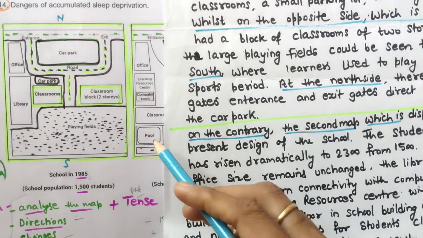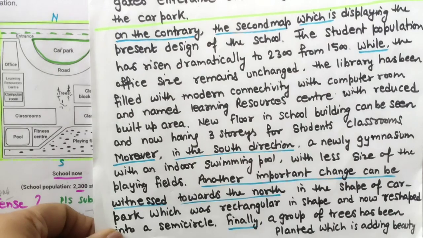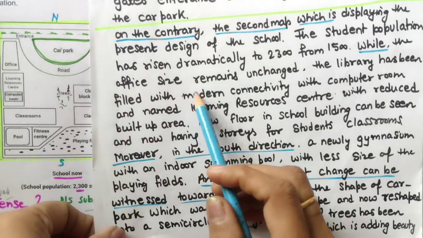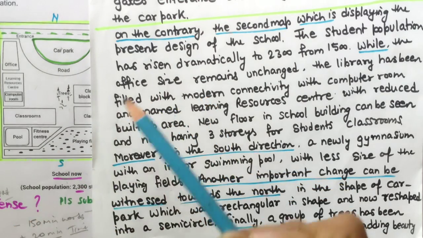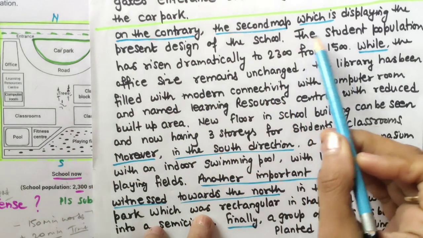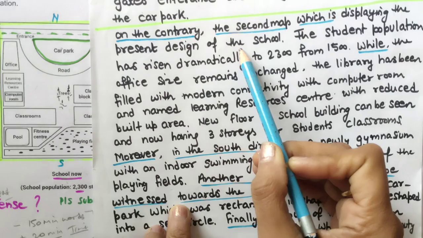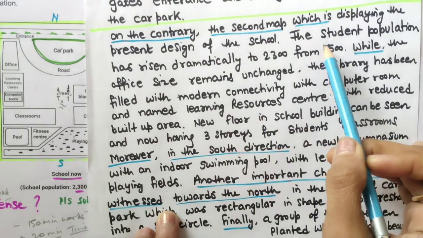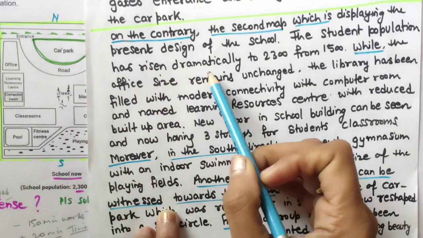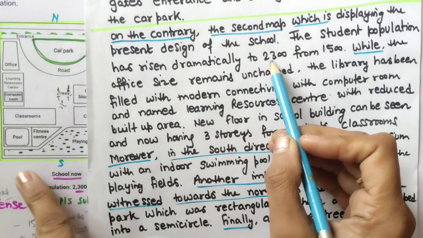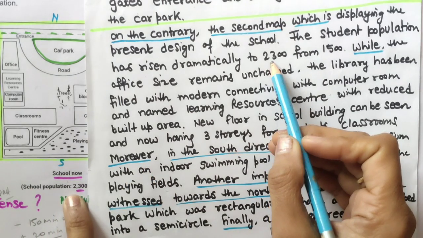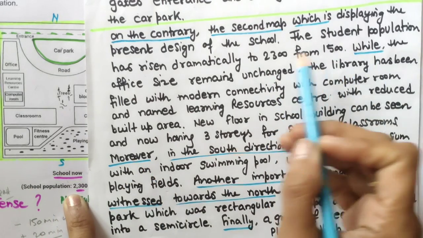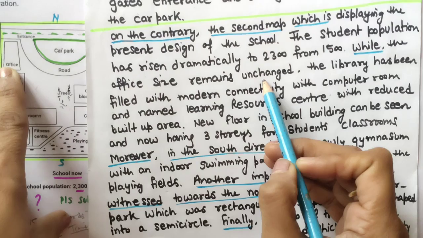Okay, now the next paragraph. Now in this paragraph you need to compare the things with the past also. On the contrary, the second map, which is displaying the present design of the school, the student population has risen dramatically to 2300. See this, from 1500, while the office size remains unchanged.